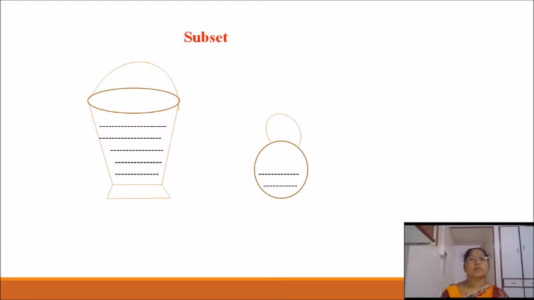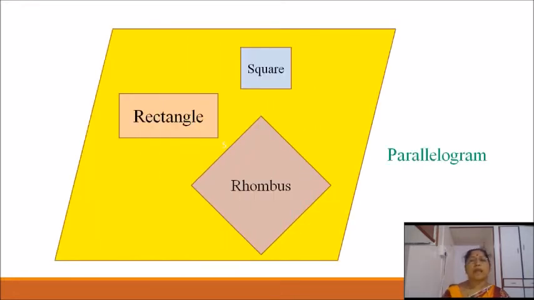Now, the next concept, subset. See the pictures. In the first picture, a bucket full of water is shown, and one pot which includes water from the bucket. Next, a parallelogram.